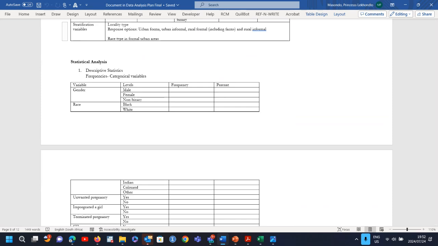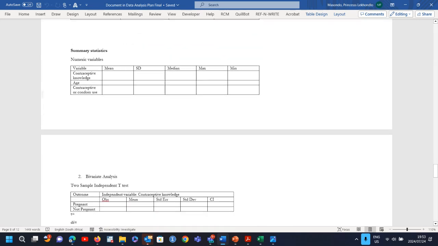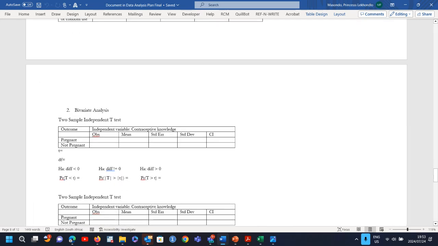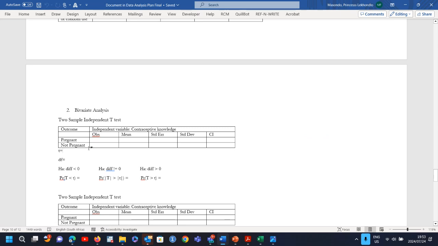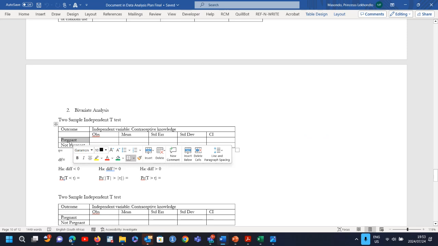If our outcome was nominal, but with more than 2 levels, we'll be doing a multinomial. So you will be doing some bivariate as a build-up to your logistic. So maybe you're going to do a test to look at, you are comparing the knowledge of those who said they fell pregnant or impregnated someone versus those who didn't.